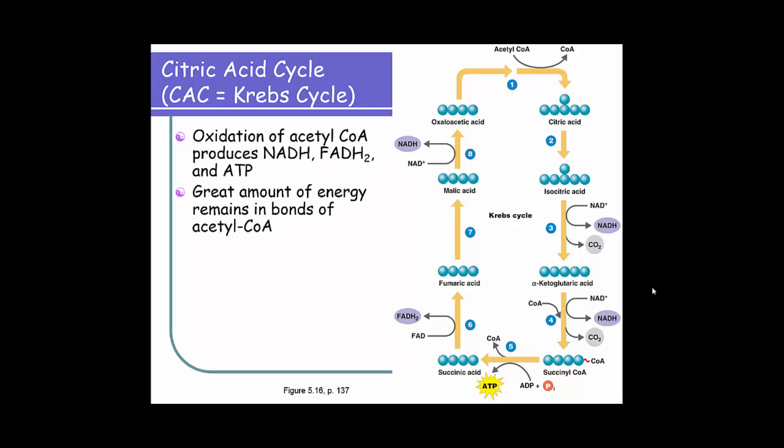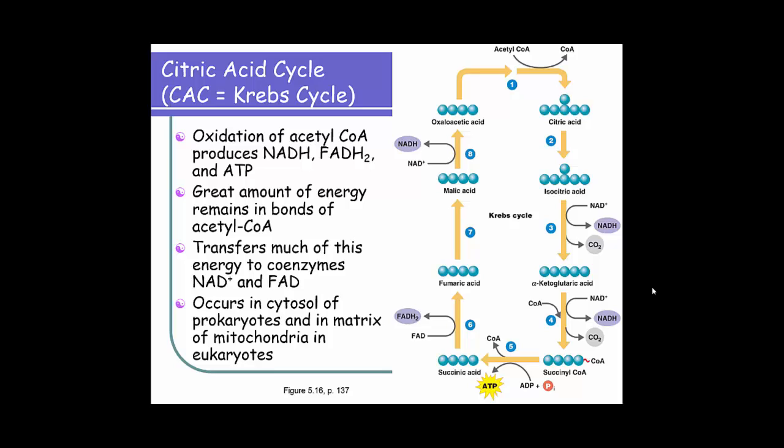There's still a great amount of energy that remains in the acetyl-CoA bonds, and the citric acid cycle will transfer much of this energy to the coenzymes NAD and FAD. This occurs in the cytosol of all prokaryotic cells, but within the matrix of the mitochondria in eukaryotic cells. So there is a difference here of where they occur.